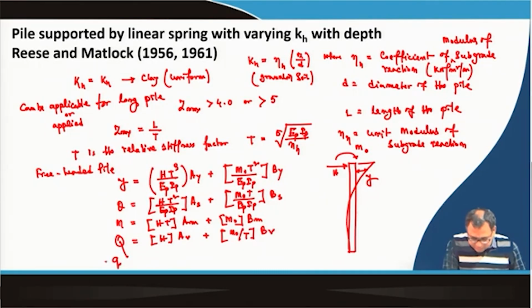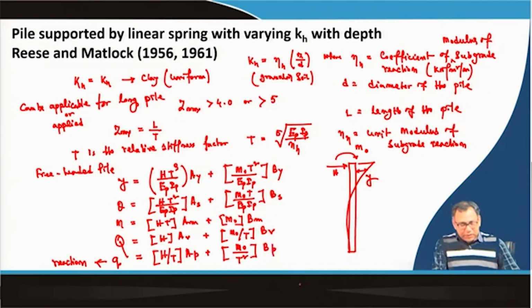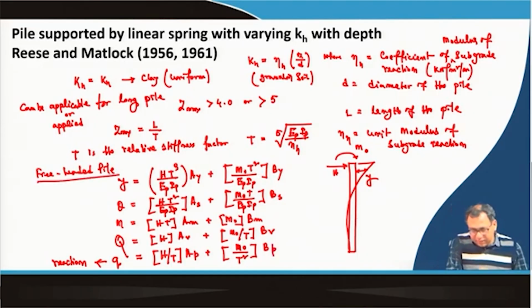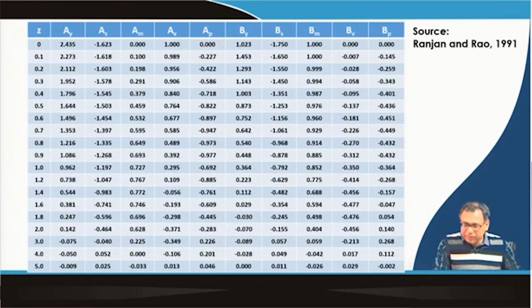Then the reaction, okay. This is small q is h divided by T A p plus m 0 divided by T square B p. So, these equations are valid for free headed piles, and the coefficients will be determined from this table.